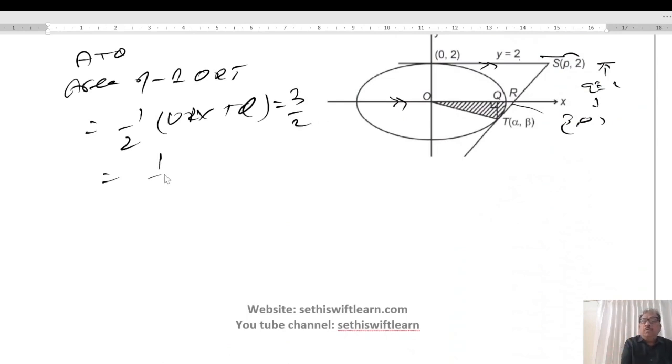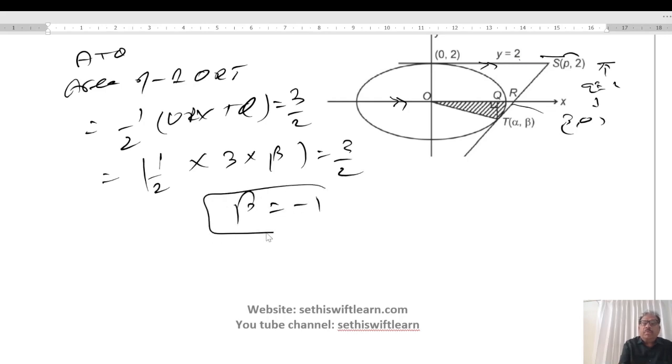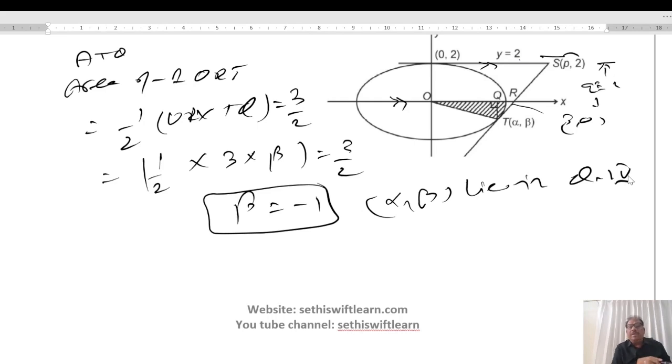So this is 1 by 2 into 3 into beta equal to 3 by 2, right? So beta comes out to be minus 1. Plus 1 could also have come, minus 1 could also have come, but since alpha, beta lies in quadrant 4, y will be negative.